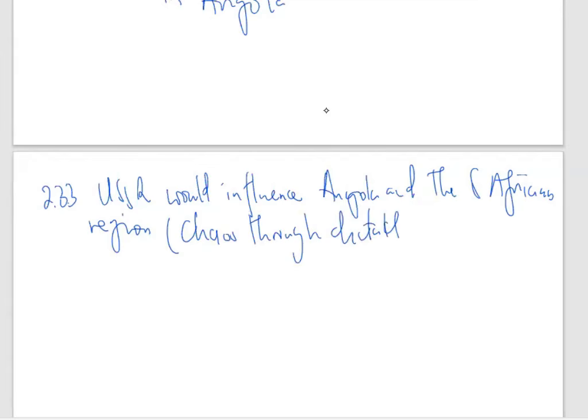Dictatorship rule. It meant that if the MPLA was going to take over Angola, the implication was Angola was going to be under the influence of Russia. And once Russia was in the region, it was going to spread its ideas across.